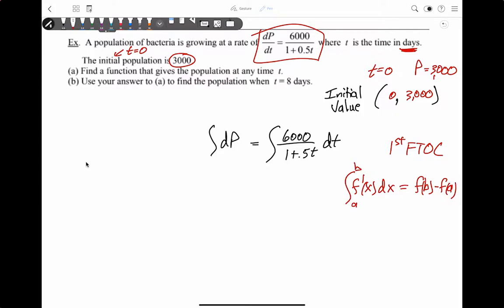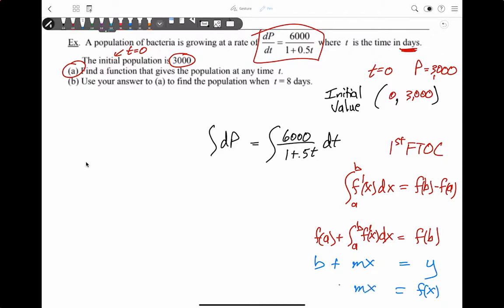I'm going to move this over to where my final position is here, and the F of a will be added to this left side. And this is what I'm really trying to set up with part A. It almost feels like y equals mx plus b, otherwise f of x is equal to mx plus b. That's the kind of setup that it's looking at.